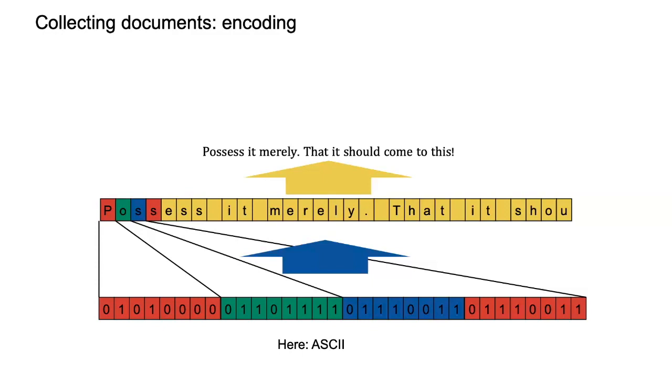In the very good old days of computers, things were very simple. In the US, for example, in English, there are no accents or anything. So ASCII was some encoding that only needed 128 different code points, right? So it had the letters of the alphabets, the numbers, and so on.